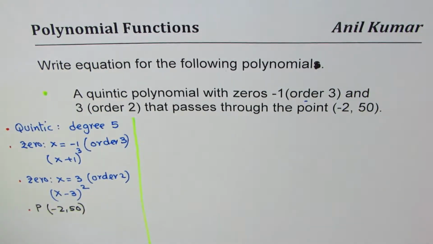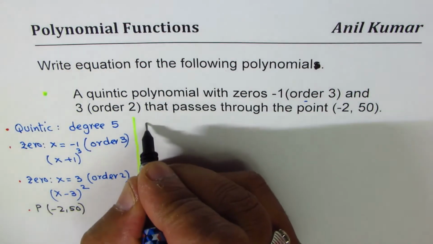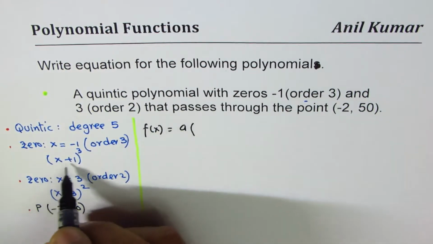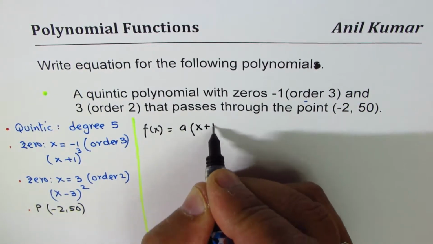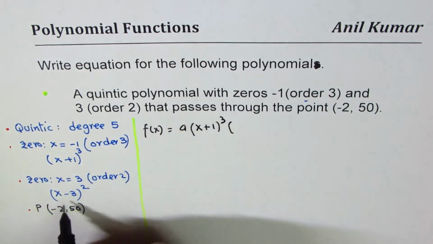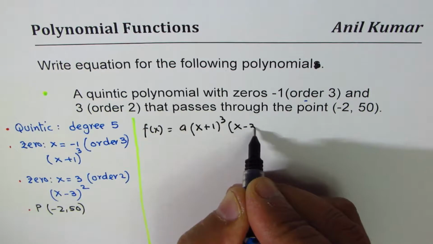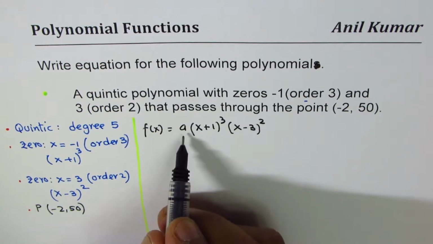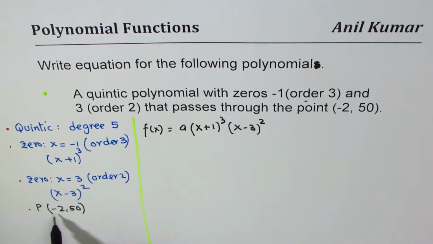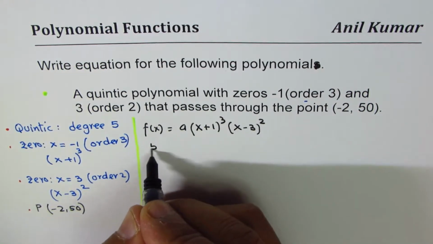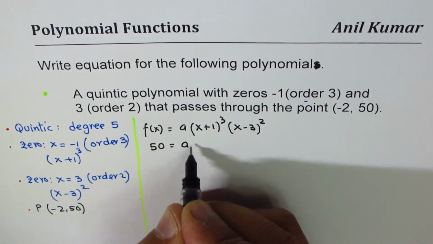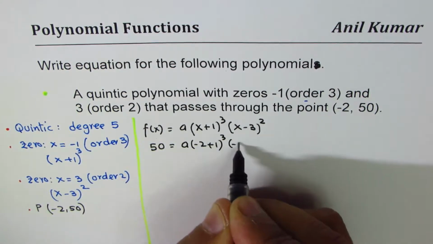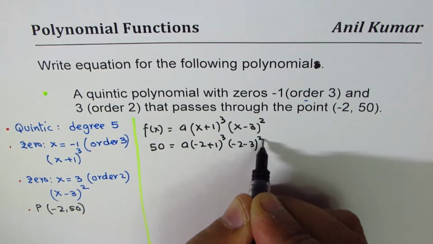Based on this information, we can write a function f(x) as a times the factor (x + 1) whole cube times the other factor (x - 3) whole square. To find the value of a, we'll substitute the point (-2, 50). So the y value is 50. That is a times (-2 + 1) whole cube times (-2 - 3) whole square.